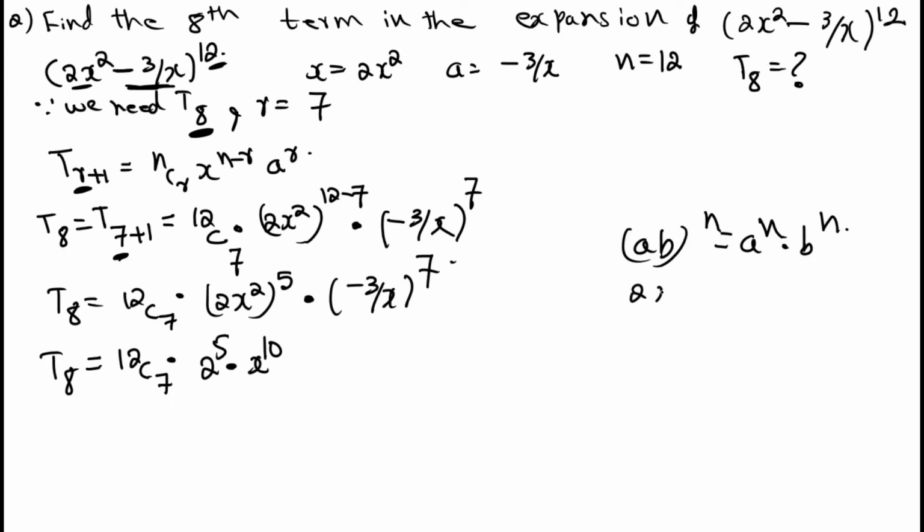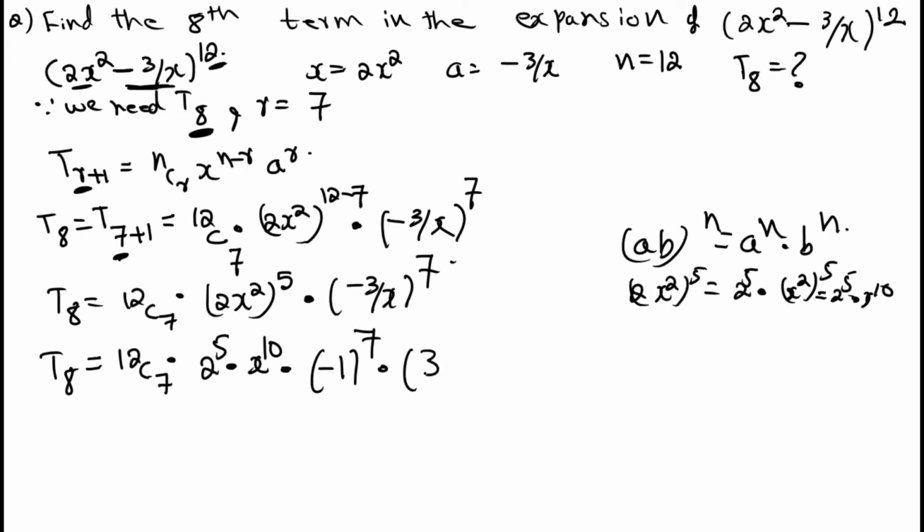So 2x square to the power 5 is equal to 2 to the power 5 into x square to the power 5. If you simplify this one, you'll get 2 to the power 5 into x to the power 2 5 is a 10. Okay, into here you can write it as minus 1 to the power 7 into 3 to the power 7 into 1 by x to the power 7.